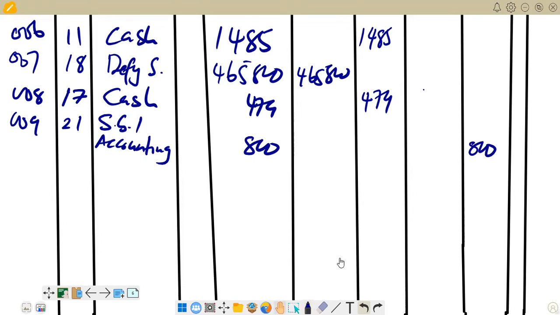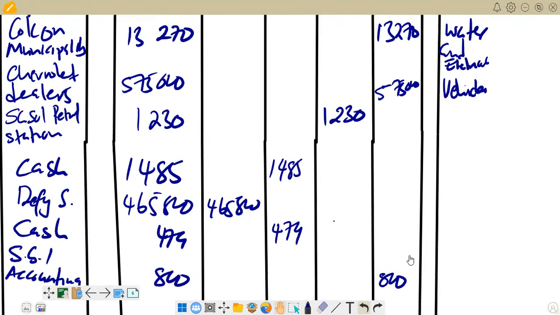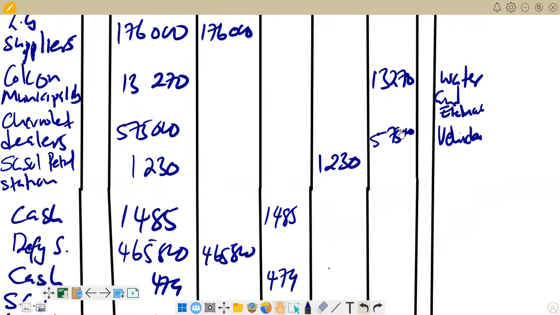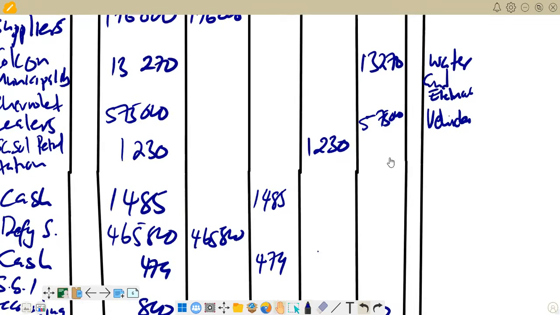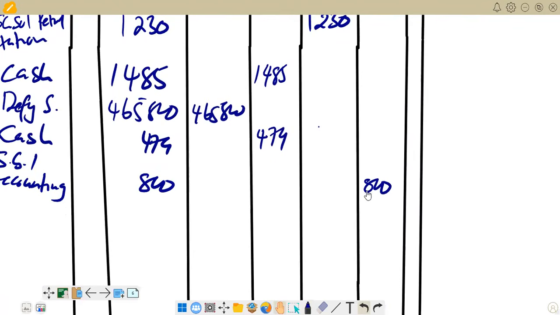Then all the descriptions that we have there, remember these are the columns that we have there for the sundry section. We've got the payment there, 800. So we are saying payment here, then we write the details there in terms of that payment.